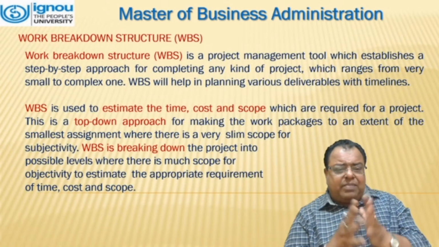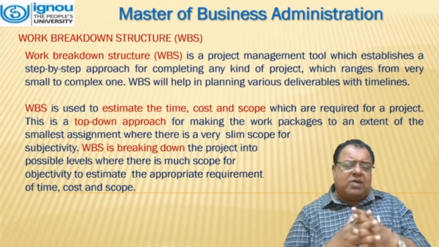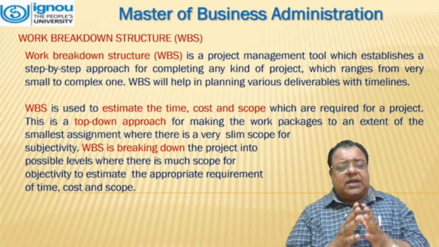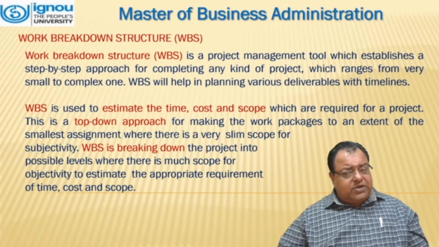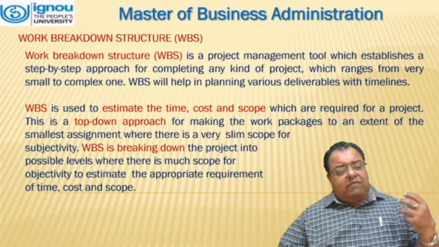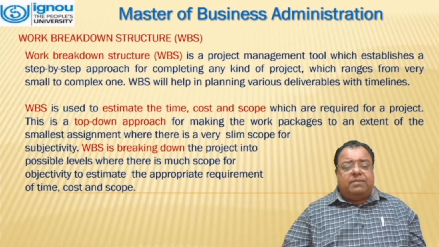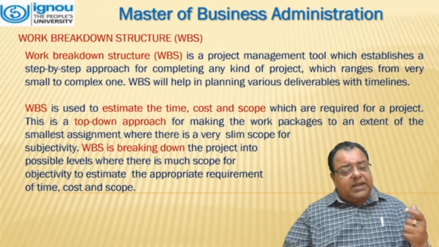Then comes your work breakdown structure, in short, we call it WBS. Work breakdown structure is a project management tool which establishes a step by step approach for completing any kind of project, which ranges from very small to complex. WBS will help in planning various deliverables and timelines. WBS is used to estimate the time, cost, and scope which are required for a project.